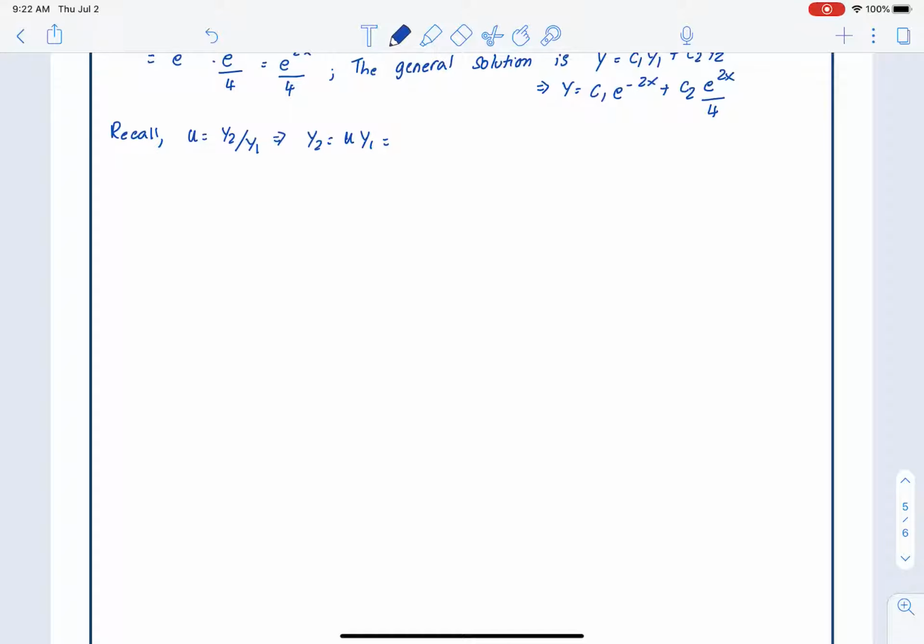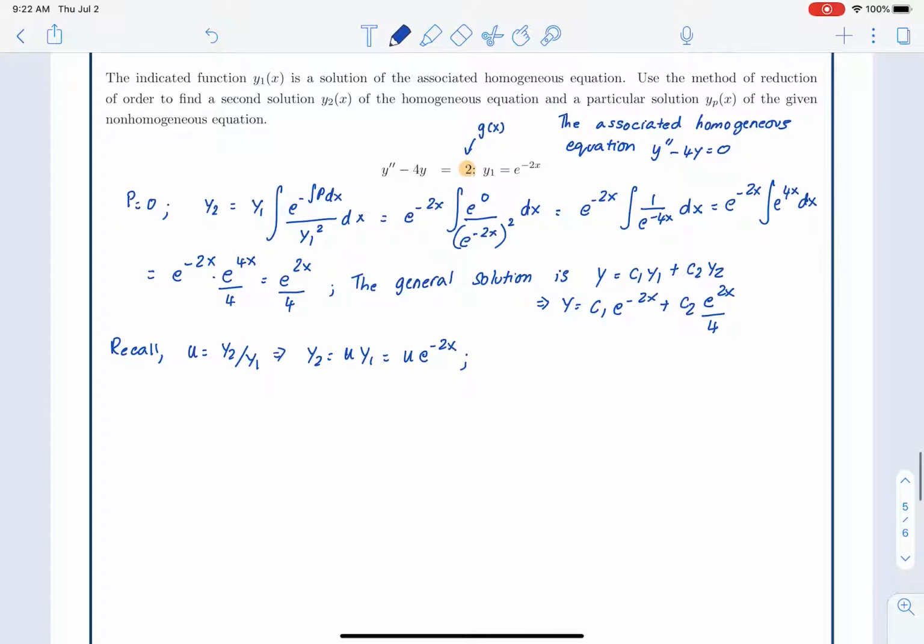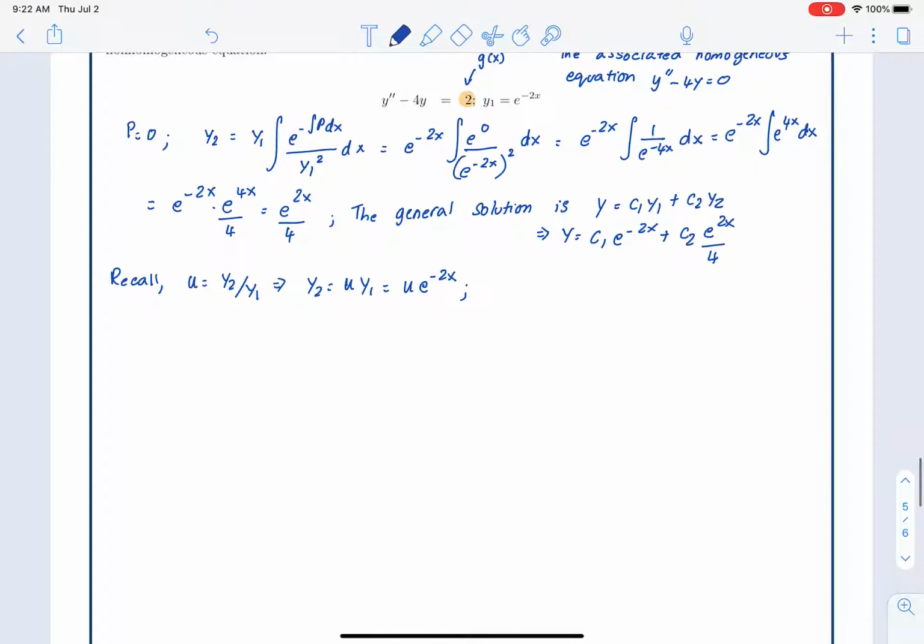And in the problem, y1 is given, which is e raised negative 2x. Our equation has y double prime, so we've got to find y2 double prime. You may ask me why. Well, if y1 is a solution, it is going to satisfy that equation that we have. And y2 is a solution, so that would also satisfy the equation that we have.